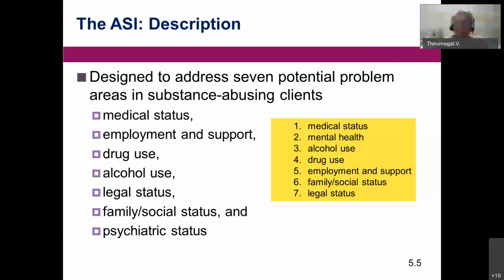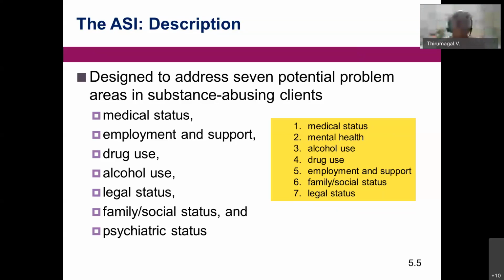Do you understand? The reason why I am spending time to tell you the 7 areas is because ASI is very clear. All information from one section should be in that section only. It should not reflect in any other section.